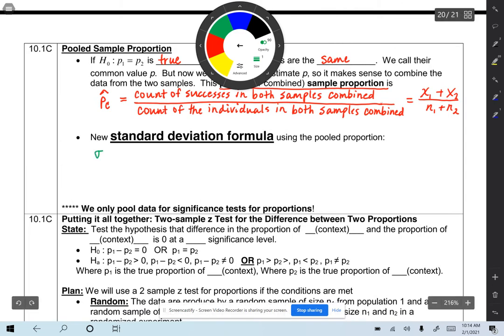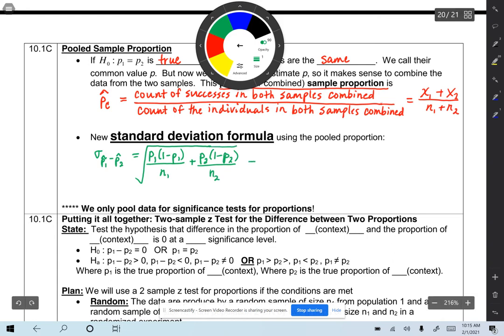So your new standard deviation of the difference in the proportions is equal to P1 times 1 minus P1 over N1 plus P2 times 1 minus P2 over N2, all under the square root.